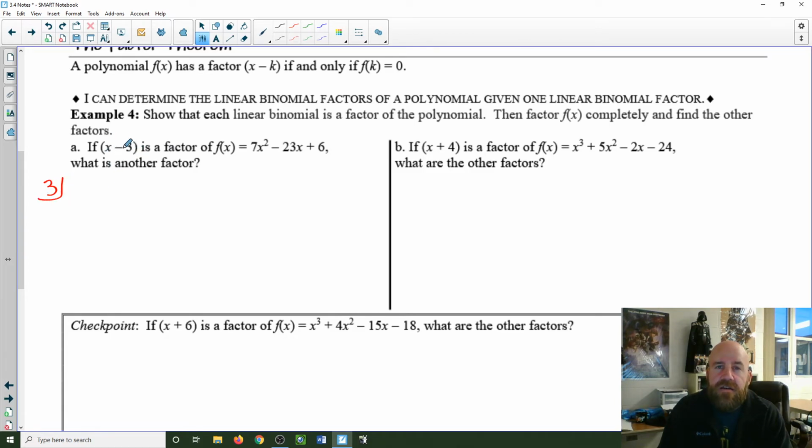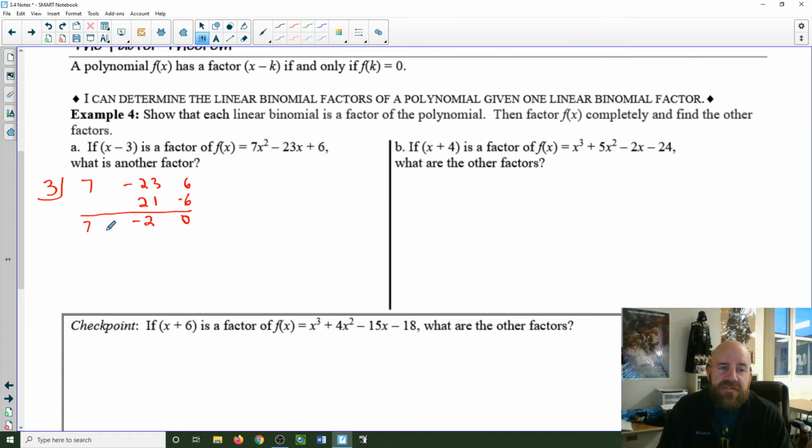So I know that that would turn into a 3. We have 7, negative 23, and 6 for our coefficients. 7 times 3 is 21. Add them up, we get negative 2, times 3 would be negative 6, so 0.